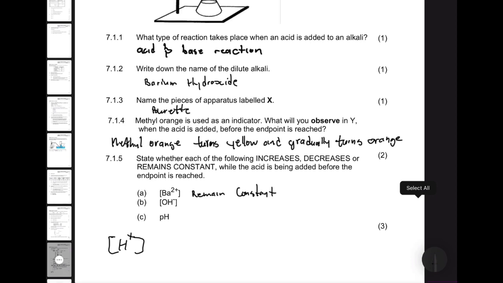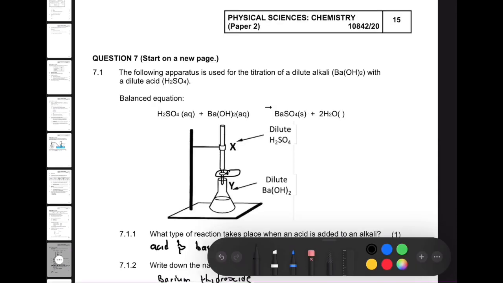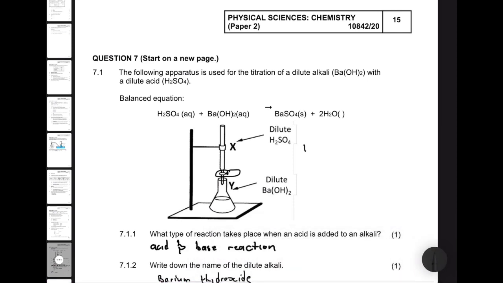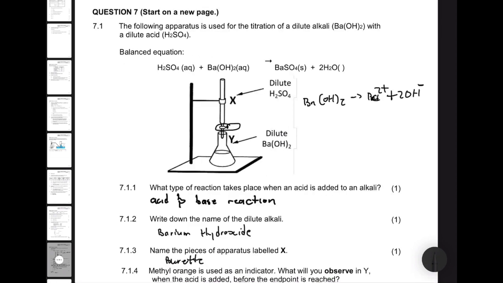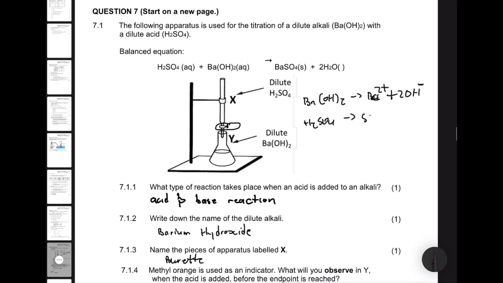Why am I saying that? Before we started adding the acid, we just had Ba(OH)2 giving us Ba2+ plus 2OH minus. So when we add the acid H2SO4, the Ba2+ will react with SO4 2 minus, and the OH minus will react with H+.